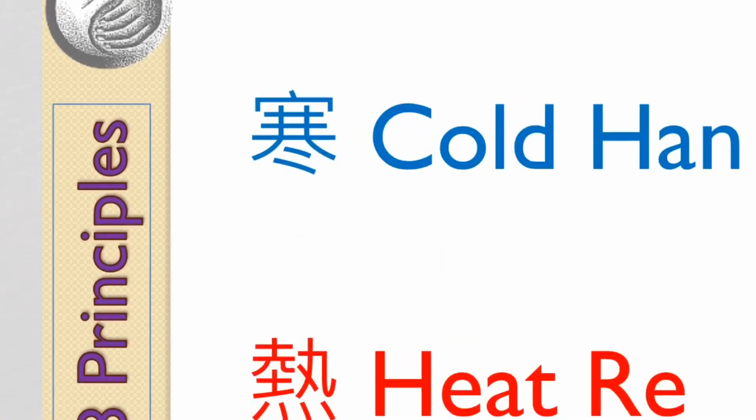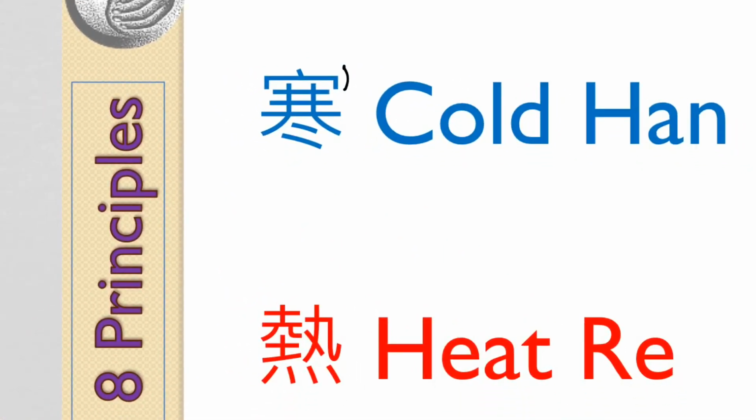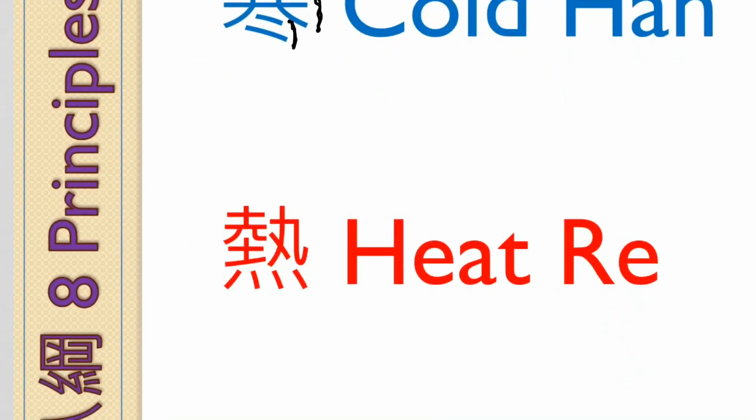Cold and heat. The character for cold has a roof, and a man who has brought grass into his house to stave off ice. And the character for heat has somebody holding something over fire. So these are the flames of fire.